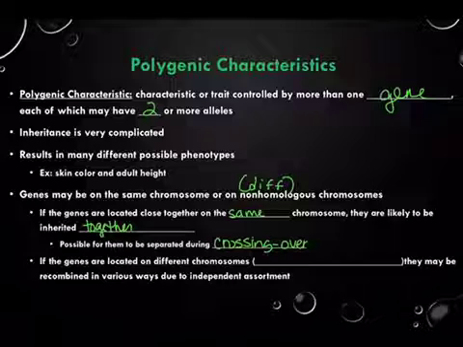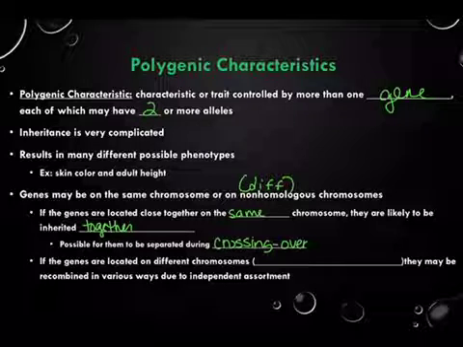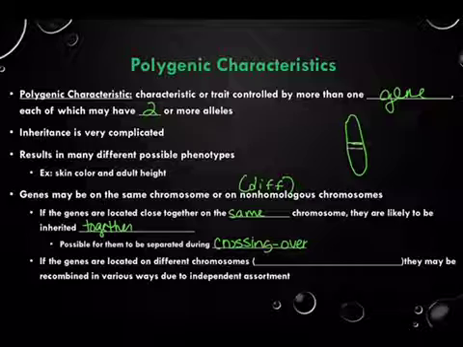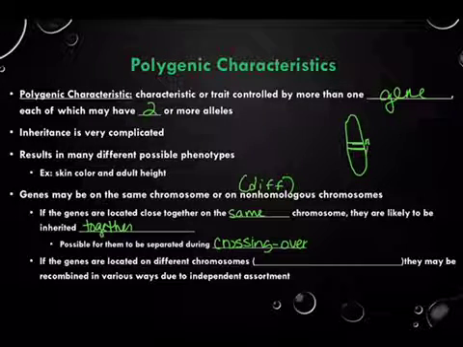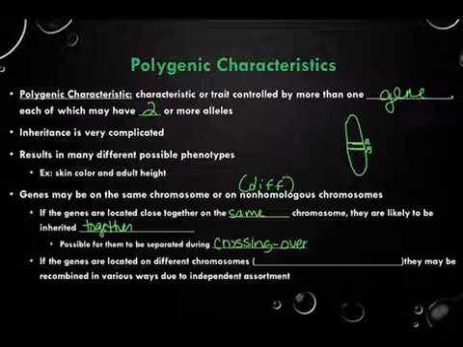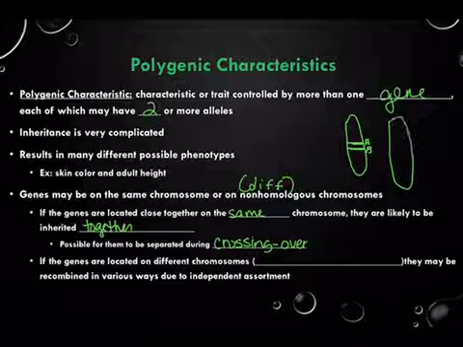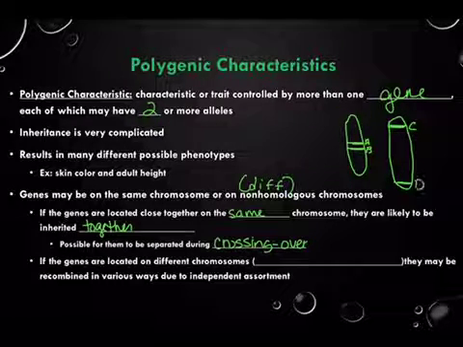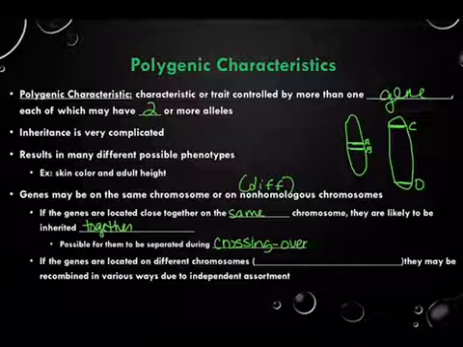The closer they are on the same chromosome, so here's a chromosome, and we have a gene here and a gene there, let's call them A and B, since they're relatively close together, they're less likely to get separated during crossing over. Versus on this chromosome, if we had gene C and D, they're very far apart on the same chromosome, so it'd be likely that they could get separated during crossing over.